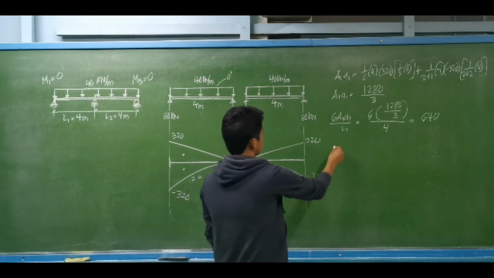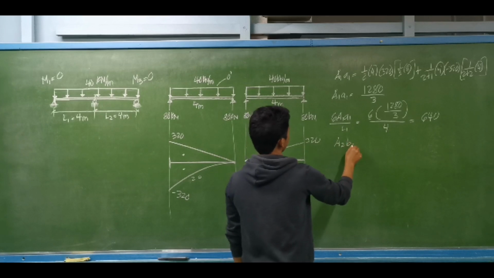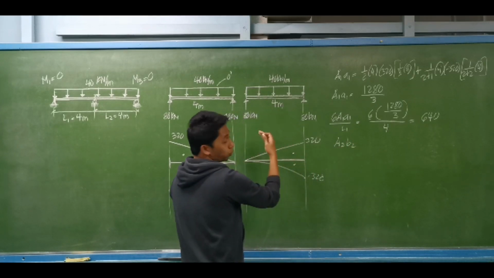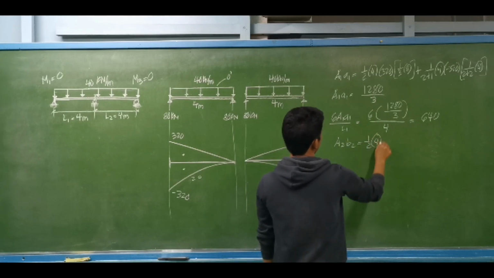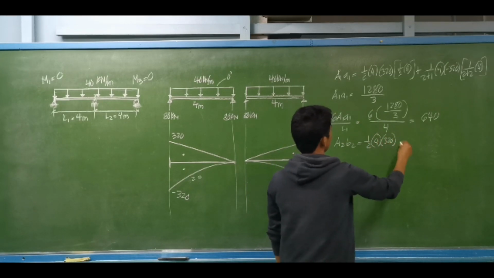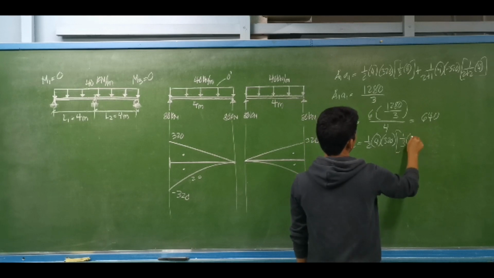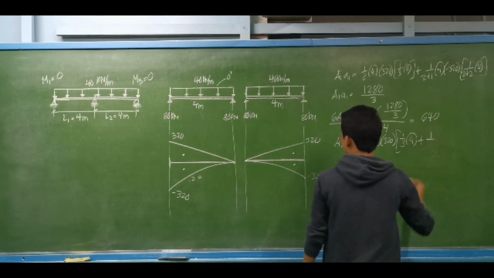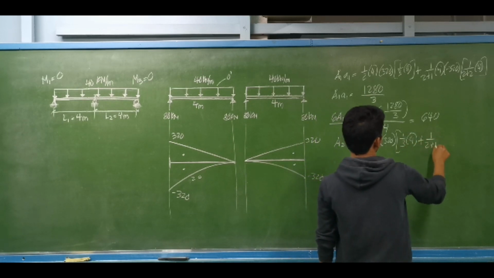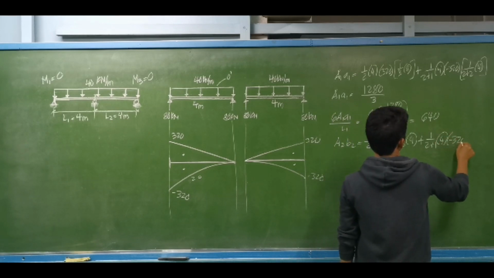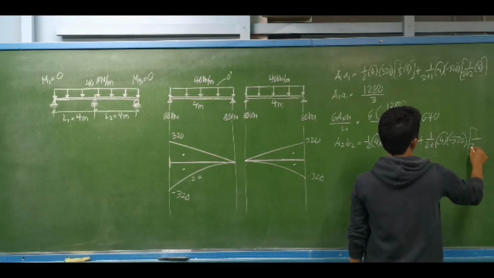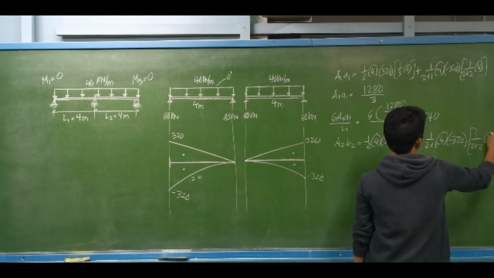So we have area 2, B sub 2, this time with respect to the right end. There is 1/2 times the base of 4 times 320, multiplied by 1 over 3 of 4, plus the negative area, 1 over 2 plus 1, 4 times the negative 320 multiplied by 1 over 2 plus 2 of 4.